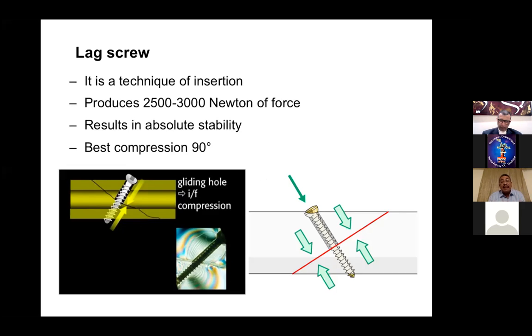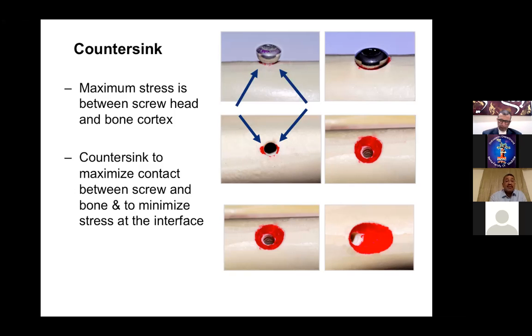You have a gliding hole and thread hole as an easy mechanism, and you will get compression up to 2,500 or 3,000 Newton of force. Just one point, it looks a simple point, but it is worth mentioning: the countersink in cortical bone. Why should we use the countersink in cortical bone?